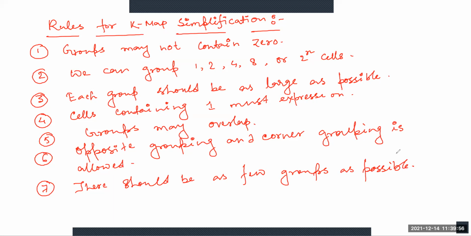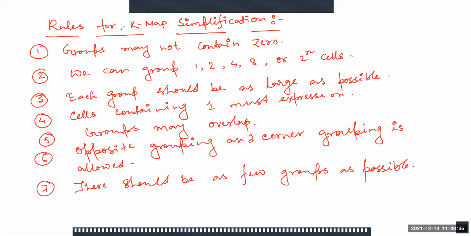Okay, so here if we go through the minterm and maxterm, in the case of minterm we consider bar for 0 and no bar for 1. This is for SOP. So here groups may not contain 0. If we consider POS, then you just consider that groups may not contain 1.